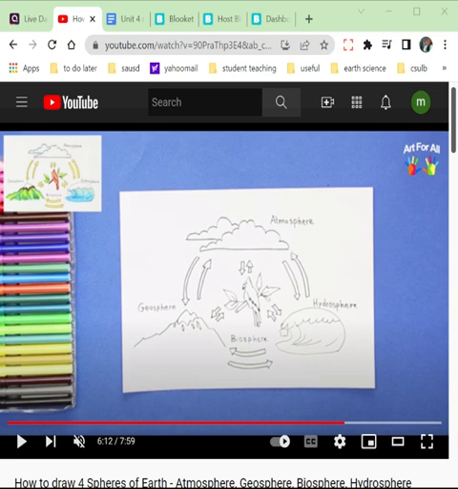Maybe we can do one without coloring first, and then one with coloring. Beautiful.